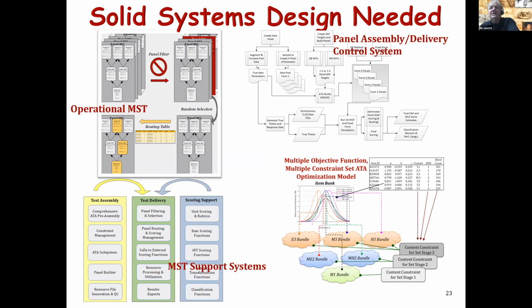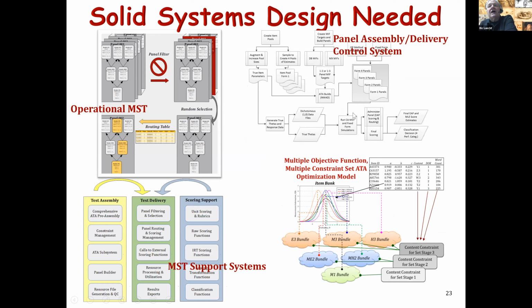For this kind of design, you need to think about the operational pieces. If you're going to have like the 1, 2, 3 at the top left here, you've got multiple panels active. If somebody's seen any of the modules before, you may need to filter them out. If you're doing number correct score routing, you have to create routing tables beforehand.